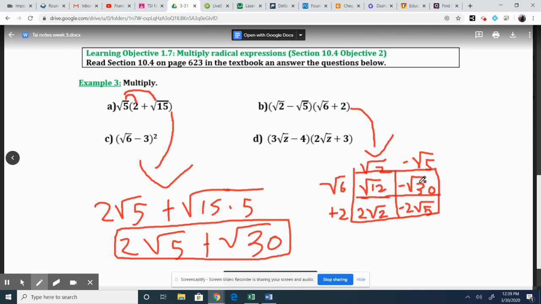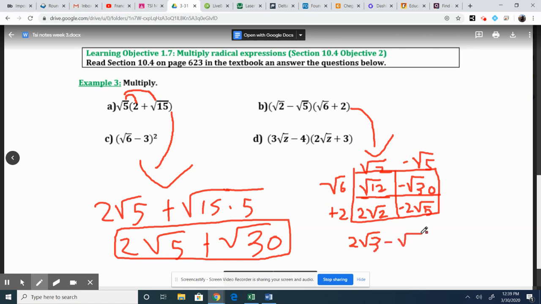So in the end, we can't really simplify square root of 30. We can't simplify 2 square roots of 2, and we can't simplify negative 2 square root of 5. The only one we can simplify is the square root of 12, and the square root of 12 would actually be 2 square roots of 3.